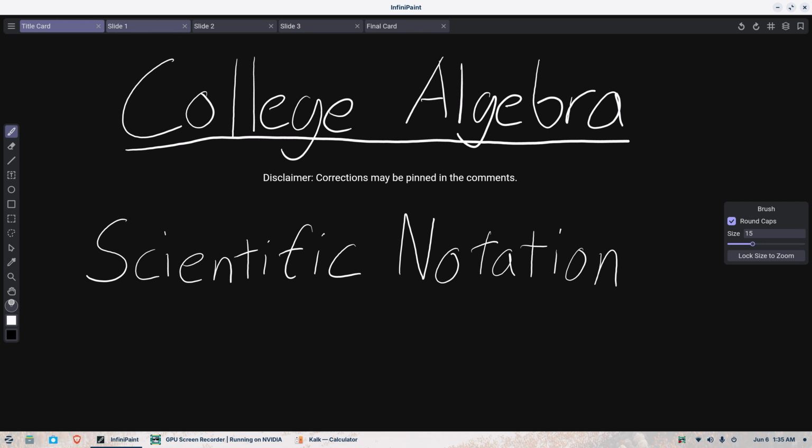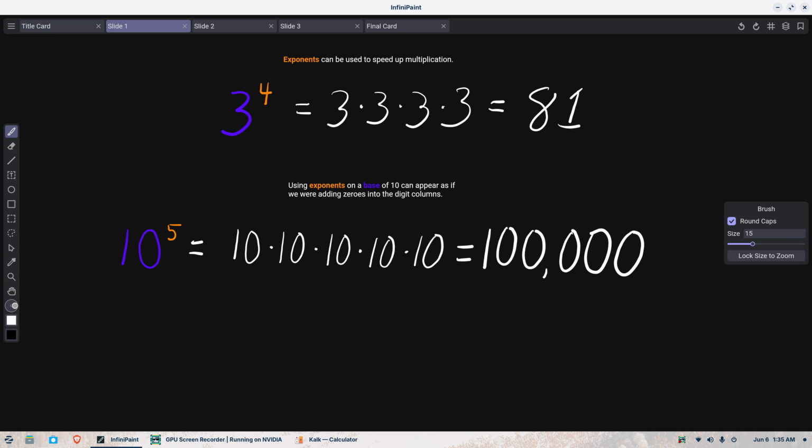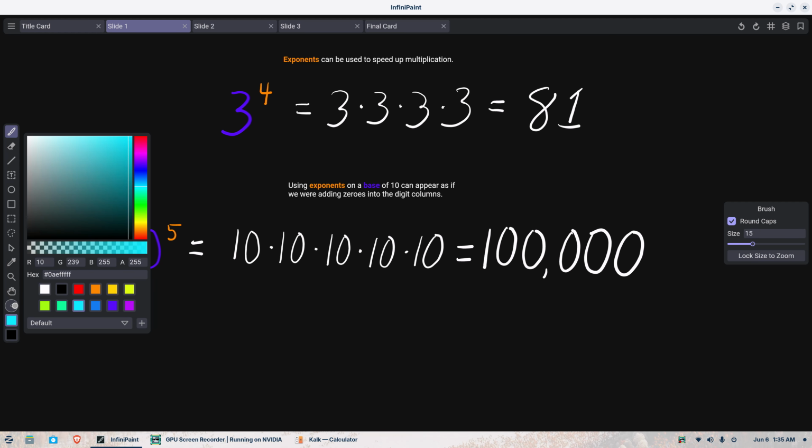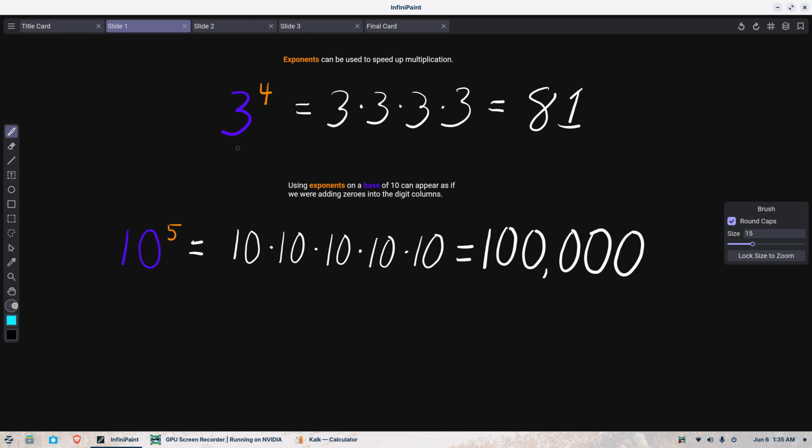Now in a previous video we talked a little bit about exponents and how they are a way of speeding up multiplication. So here you can see that we have a base of 3 and we are raising that to the 4th power. And when we do that, it means that we are going to multiply 3 by itself.